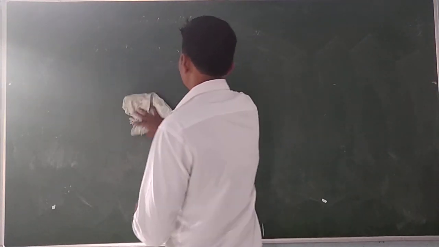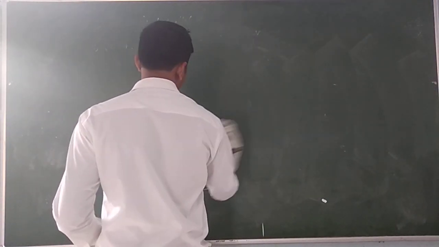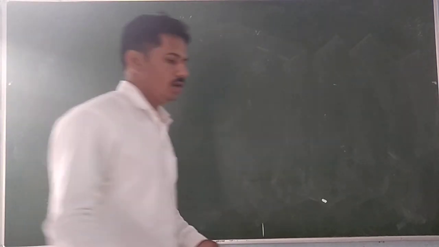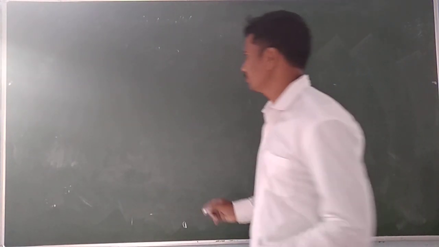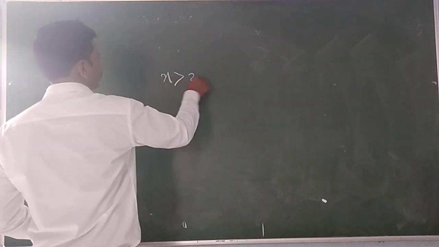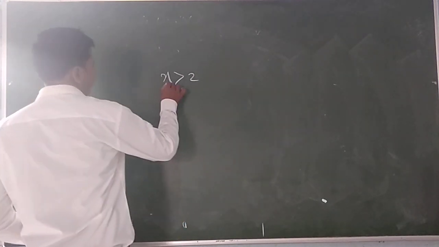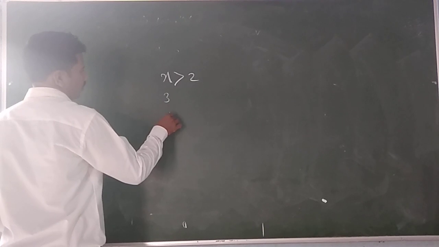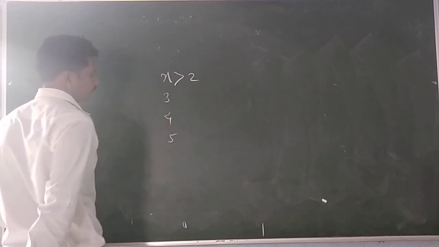What does solution mean? A solution is a value which satisfies that inequation. Suppose x is greater than 2. What are the possible values of x that are greater than 2? Yes, 3, 4, 5.